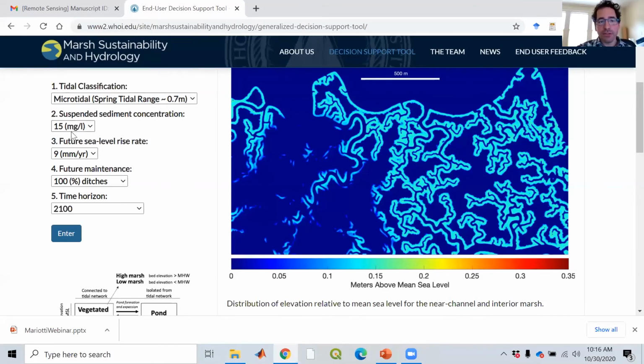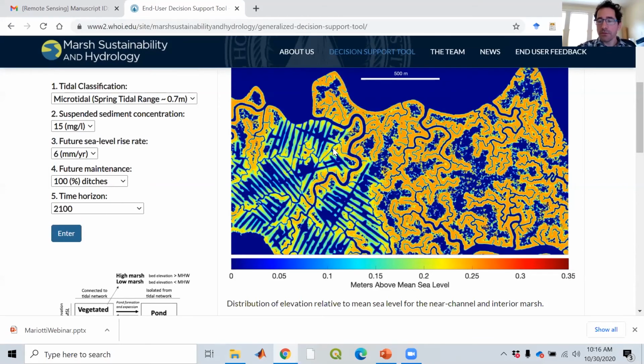So maybe let's consider a little more optimistic situation with a smaller rate of sea level rise. So for example, here you can see that the ditching is actually enhancing the lowering of the marsh, just because there is not enough sediment and sea level rise is very high.